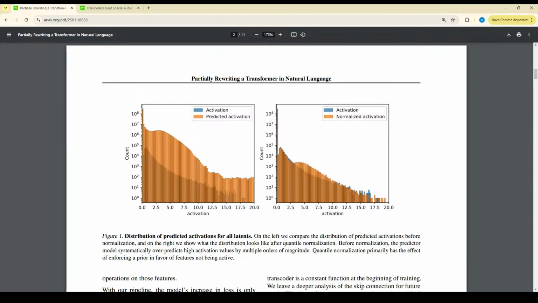Let's try to push down the values that it predicts, such that they match closer to the real distribution. This mostly means that a lot of these values just get pushed back to 0 and are set to 0. I don't know if you want me to try to explain it again.